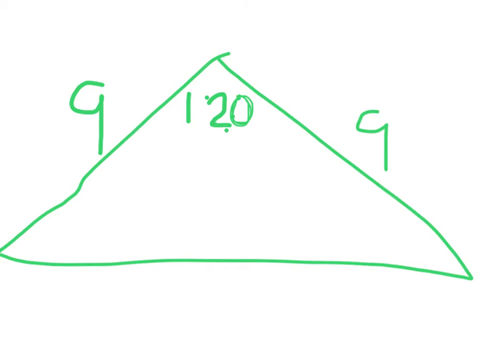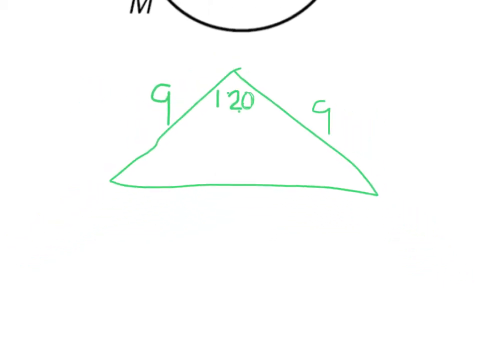So in order to find the area of this triangle, we need our base and our height. So what we can do to find that is we can cut this into 2 triangles by just drawing a straight line down the middle that's perpendicular to the base.